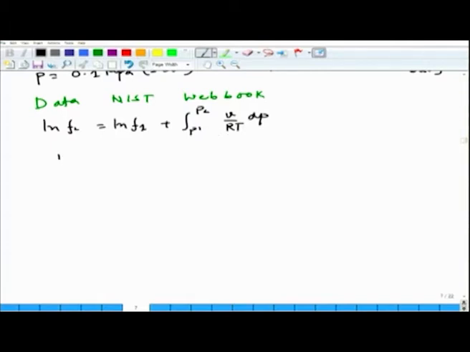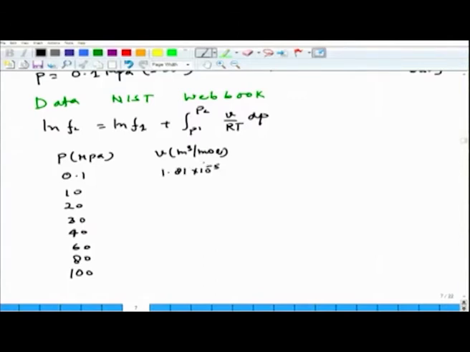Let us assume that you have pressure given in megapascal like 0.1, 10, 20, 30, and the molar volume is given as 1.81 into 10 to the power minus 5, 1.80 into 10 to the power minus 5, and so on down to 1.79.